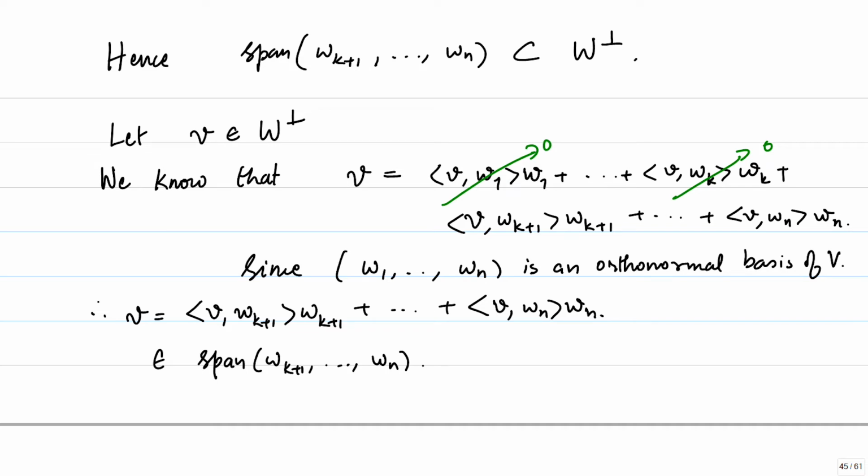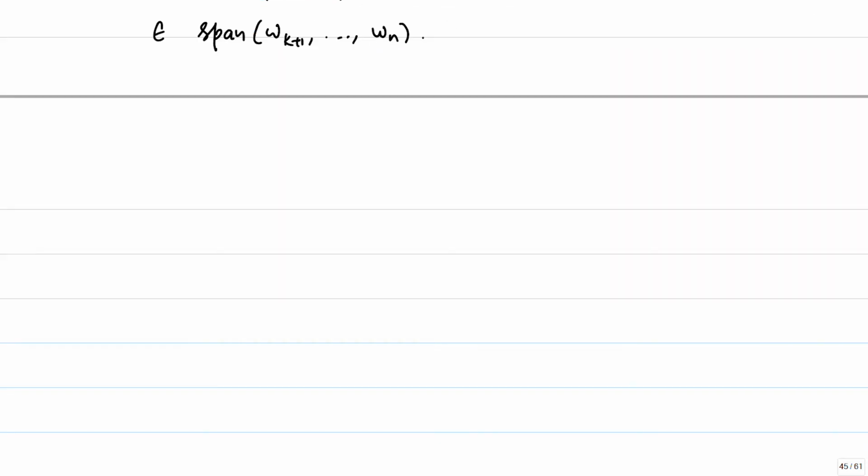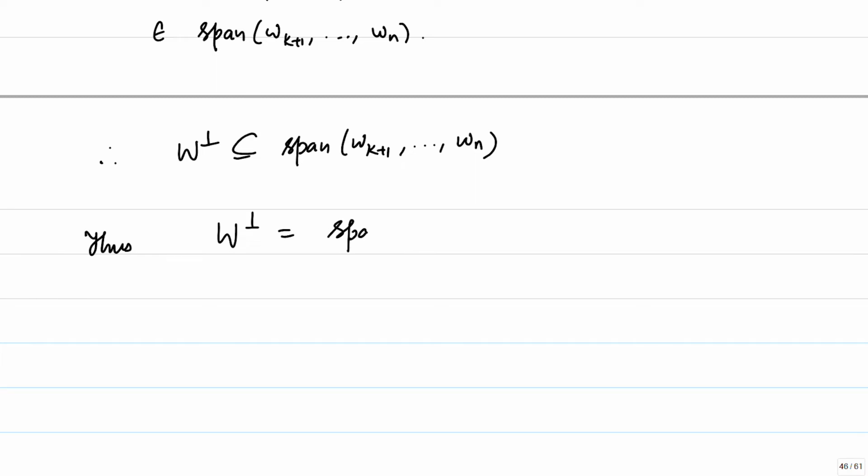And therefore, we took an arbitrary vector in W orthogonal, and we showed that it is in the span of Wk plus 1 to Wn. Therefore, the orthogonal complement of W is contained in the span of Wk plus 1 to Wn, and therefore we have shown containment on both sides. Thus, the orthogonal complement of W is equal to the span of Wk plus 1 to Wn.